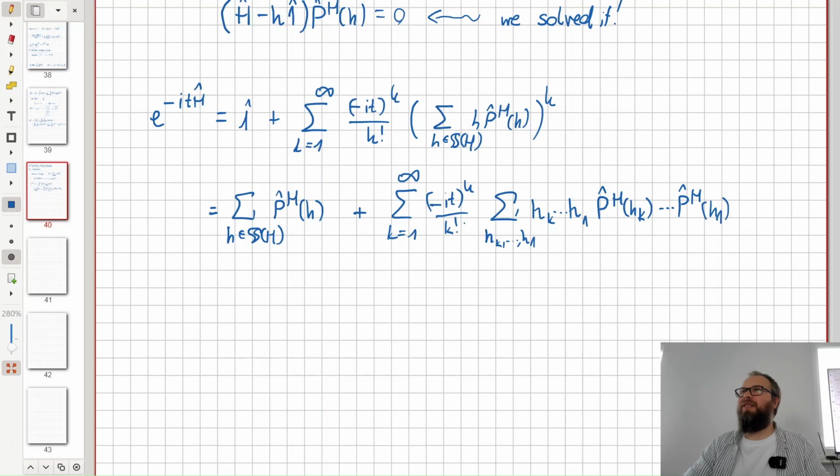And now we have the most pleasant of all activities. We just look at this and it's just a bunch of Kronecker deltas. This is the best feeling in the world, right? You just replace some monstrosity with Kronecker deltas. Because hk is next to hk minus 1, so we just reduce it.